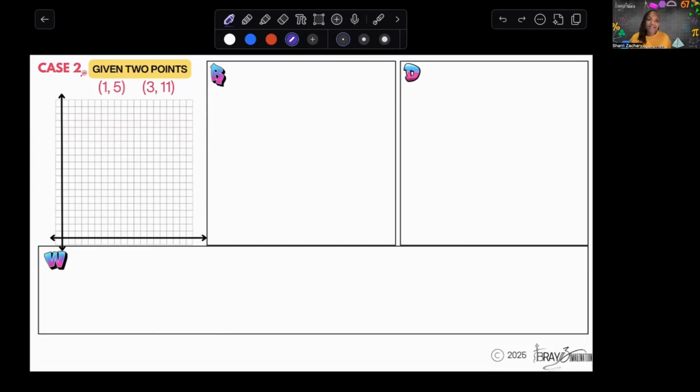Because my first point is the first set of coordinates, I'm going to label it x sub 1, y sub 1, because it's my first x and y coordinate that I see. And then I go to my second point, and I'm going to label it x sub 2, y sub 2, because it is the second x and y coordinate that I see.